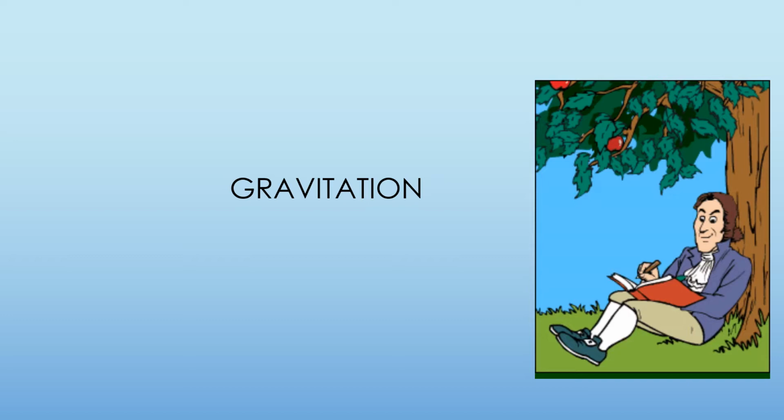After logical reasoning, Newton arrived at the idea that Earth attracts everything towards its center. Also, he concluded that there is a force of attraction between any two bodies in the universe.